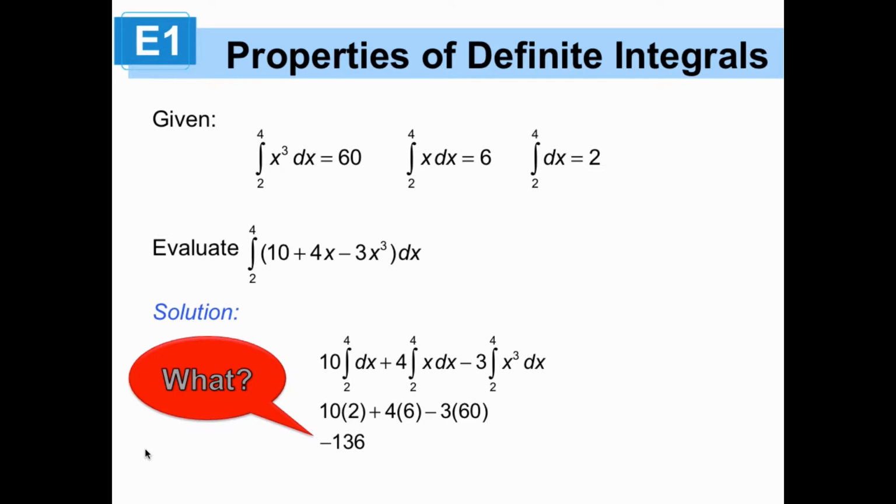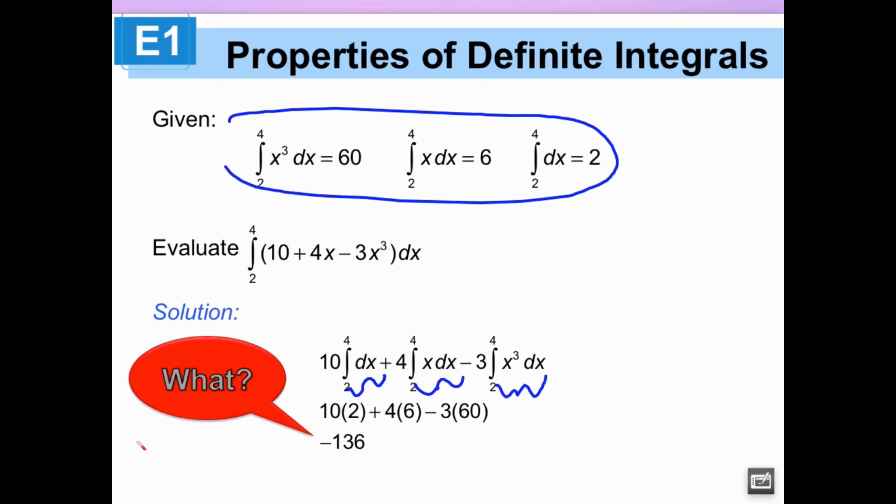So I took the 4 and moved it out in front, and then moved the negative 3 out in front. Then each of these 3 things, I gave you up here. So I just plugged and chugged. Right now, we don't need to know how to calculate what that value is. That's why I gave it to you as given information. So it's just an application of the properties.